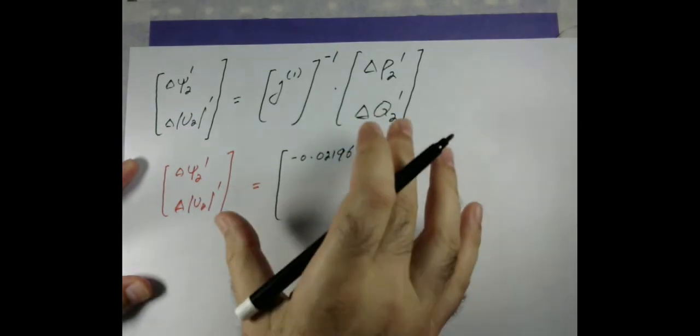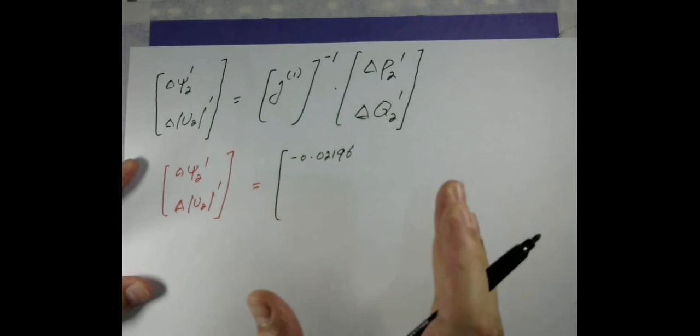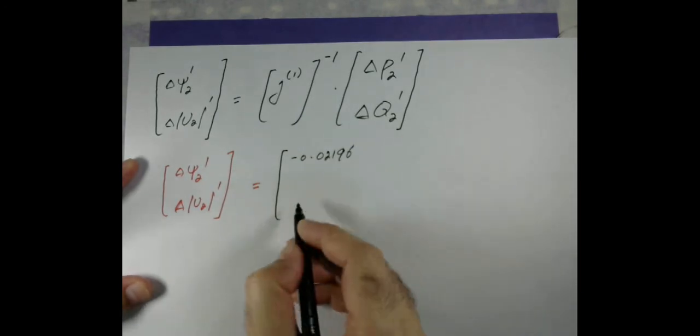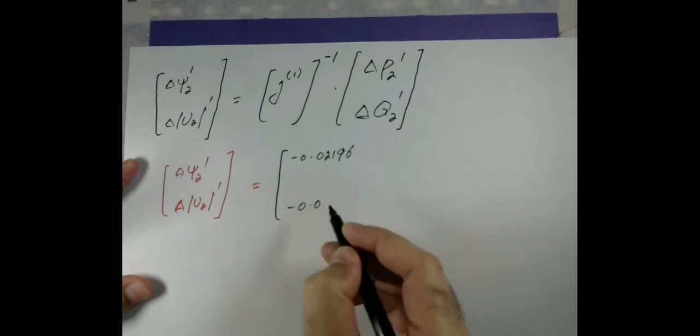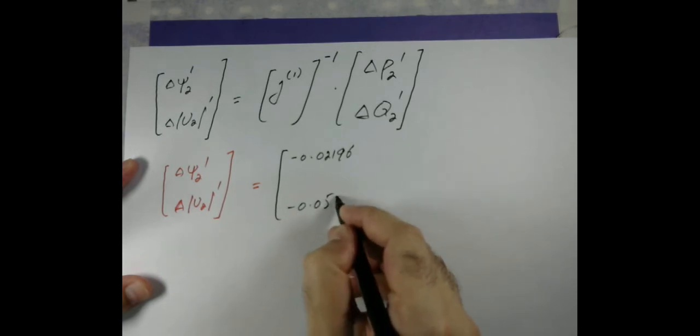You can do the calculation yourself. You can take the product of those two matrices. I will directly write the values, 0.0526.